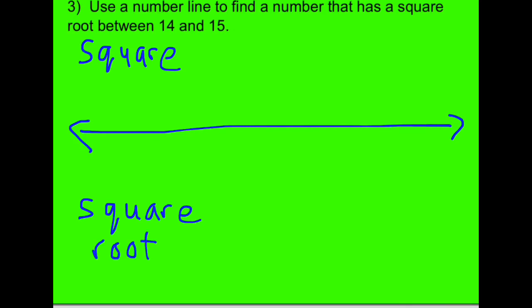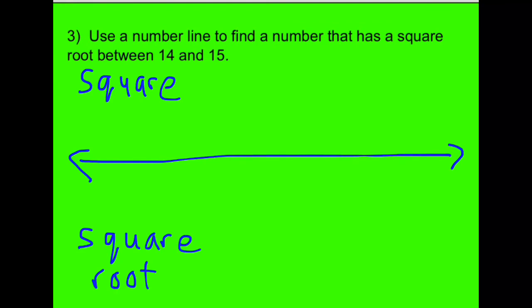All right. Look at what you're given. You're given square root 14, square root 15. So let's label that on here. Put the smaller square root here, the larger one here. Let's work backwards now and find the squares.